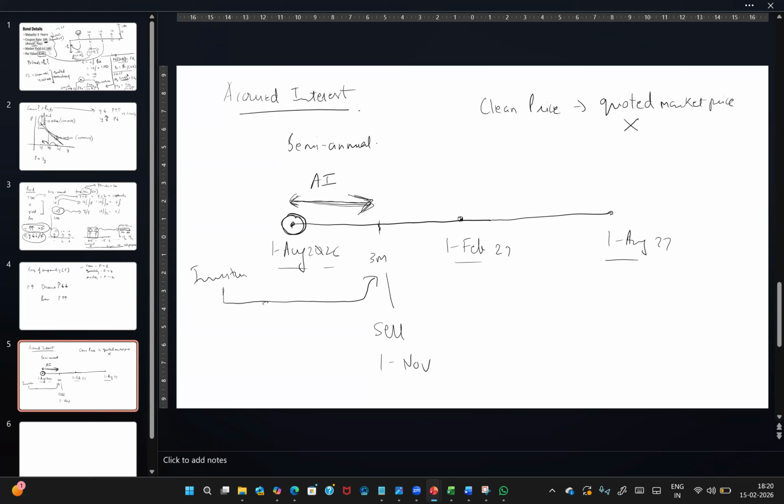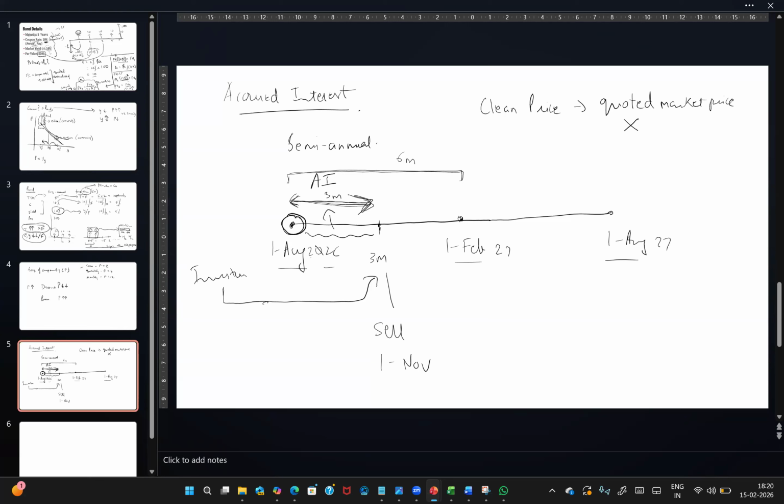What does accrued interest say? It says that from the last coupon payment till your selling date, for whatever days you hold the bond, you should get the coupon pro rata, based on the period which you hold versus the coupon frequency, which is the period between the last payment and the next payment. In this case, we hold the bond for 3 months, but the next coupon from the previous coupon is only after 6 months.